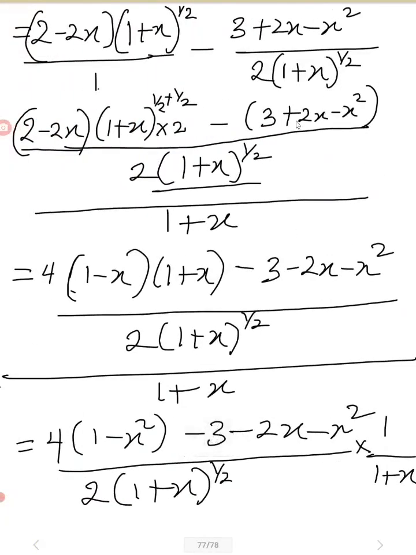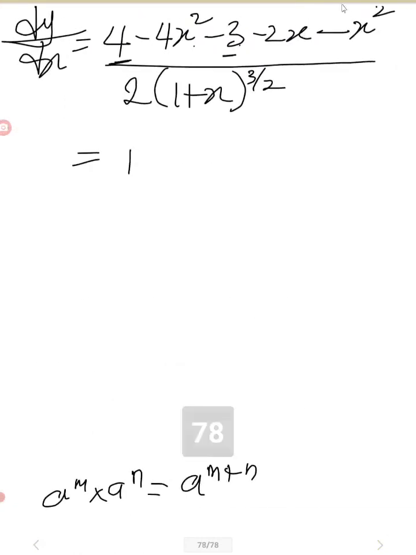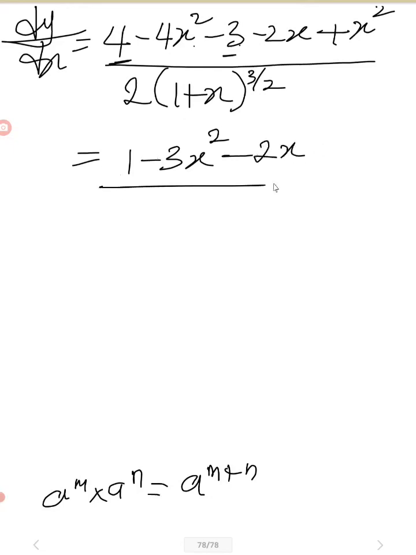This is in the expansion of this. This is minus 3x, and this will be plus, so this will be plus x squared. Therefore, minus 4x squared plus x squared gives you minus 3x squared. So remains 2x, so minus 2x, all over 2 bracket 1 plus x all over 3 over 2.